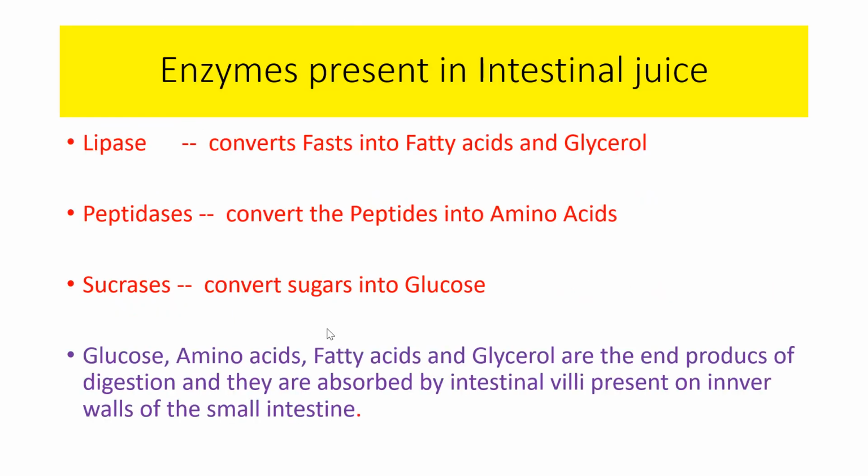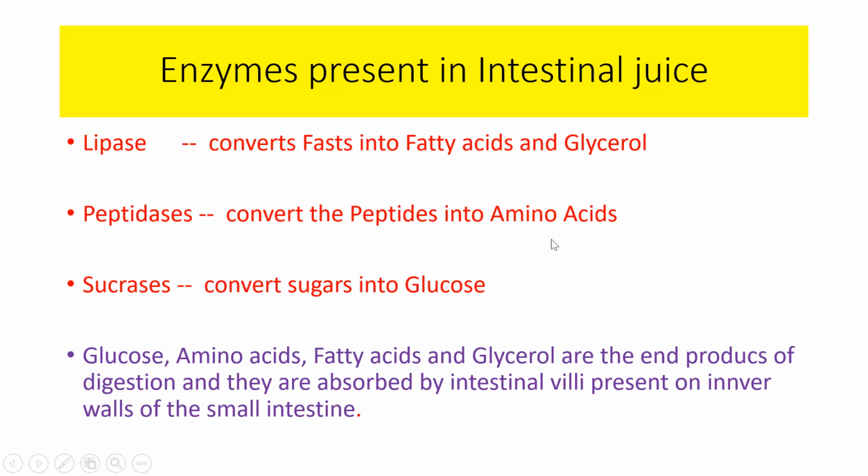The enzymes present in intestinal juice are lipase, peptidases and sucrases. Lipase converts fats into fatty acids and glycerol. Peptidases convert the peptides into amino acids. Sucrases convert sugars into glucose.